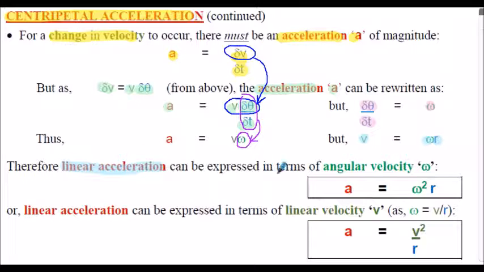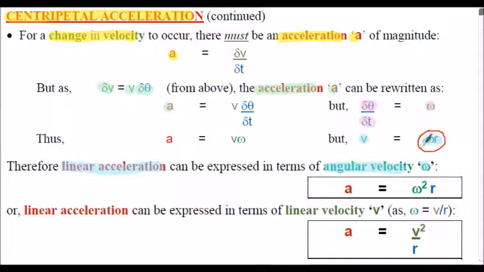Firstly, in terms of angular velocity omega, by inserting omega r for v in this equation, we find that linear acceleration a is omega squared r. Or linear acceleration can be expressed in terms of linear velocity v. If we note that omega is v divided by r, then a is equal to v squared upon r.